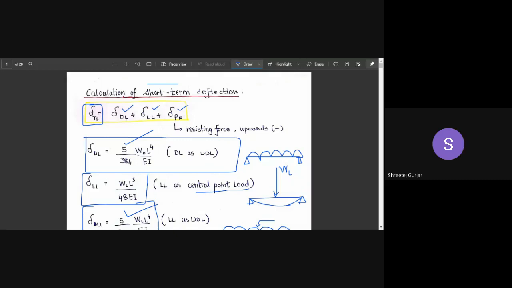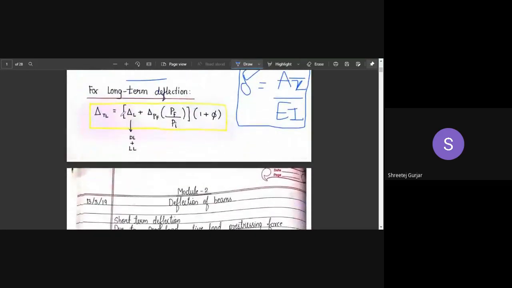Now we have to look into long-term deflections. Long-term deflection is easy. We have only one formula, the delta TL. I have represented long-term deflection as this triangular delta. Delta TL is the total long-term deflection. It is equal to long-term deflection caused by dead load plus live load.